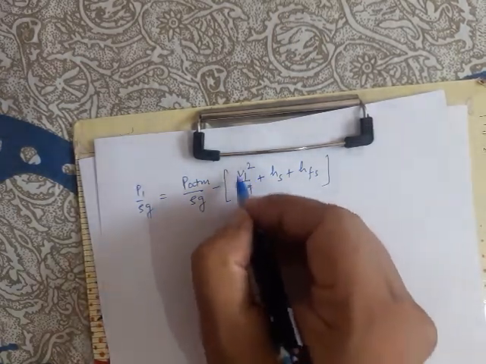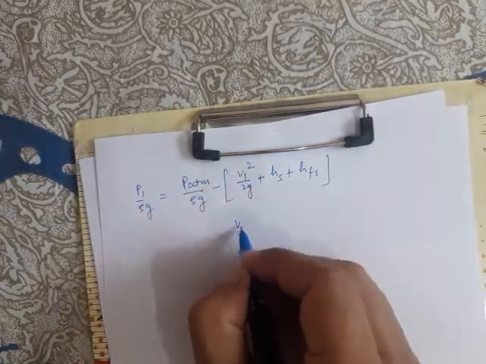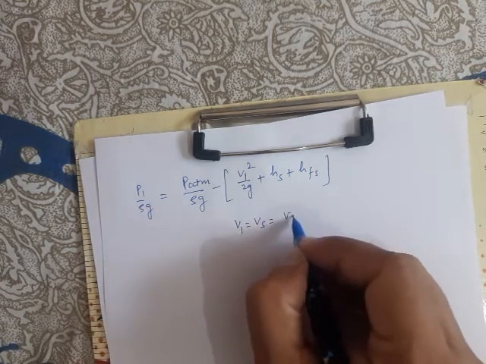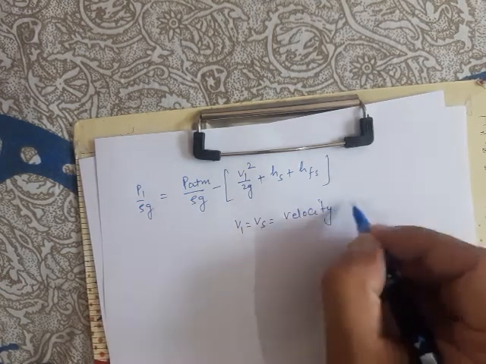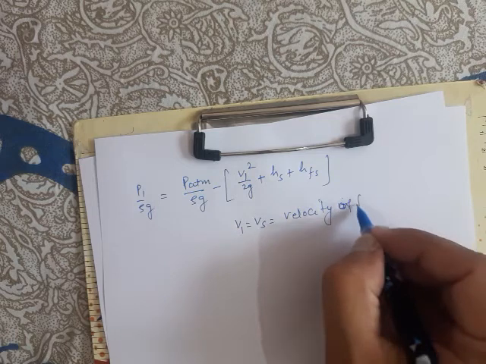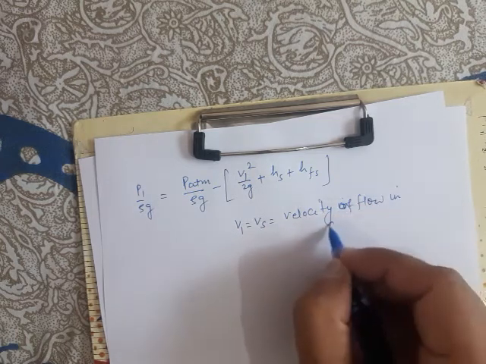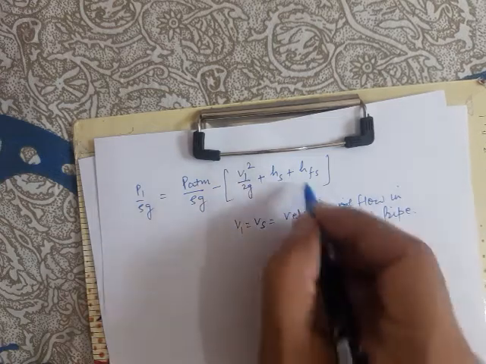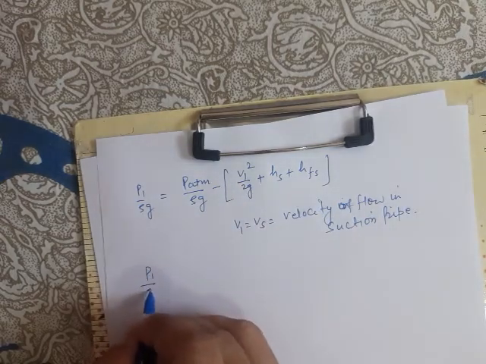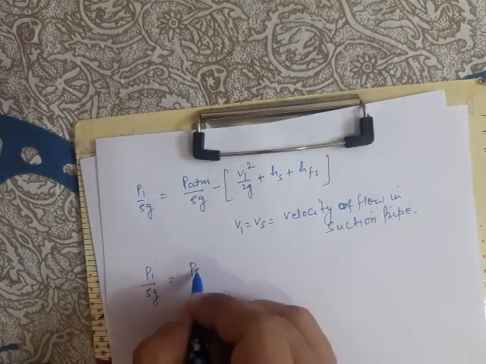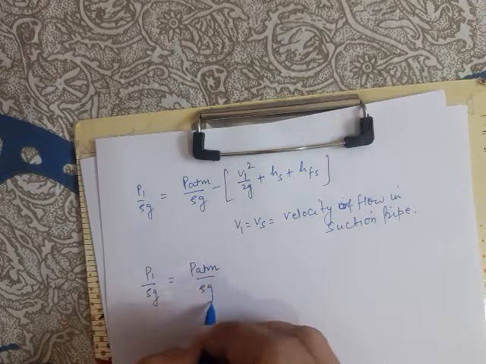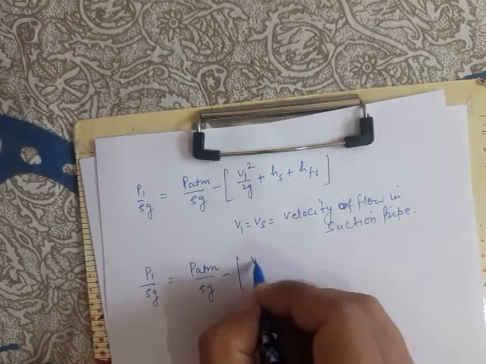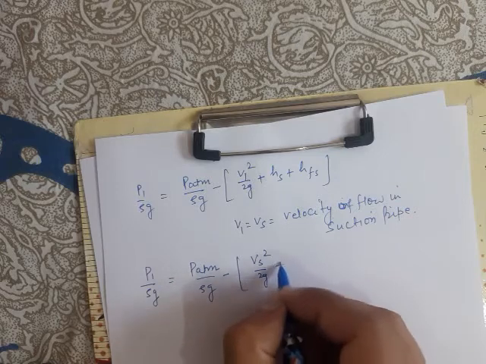And V1 will be equal to Vs, which is the velocity of flow in the suction pipe. So V1 is represented by Vs. So finally, the pressure head at point 1 will be equal to the atmospheric pressure head minus this quantity.